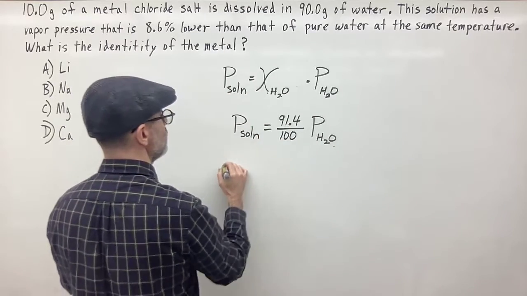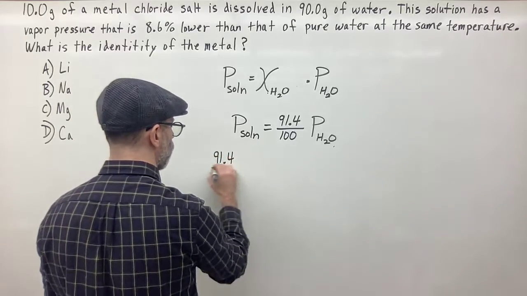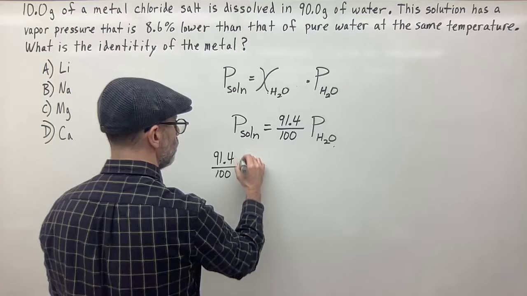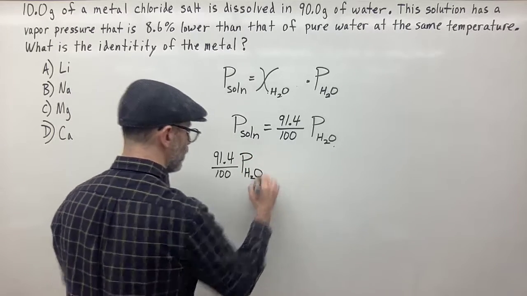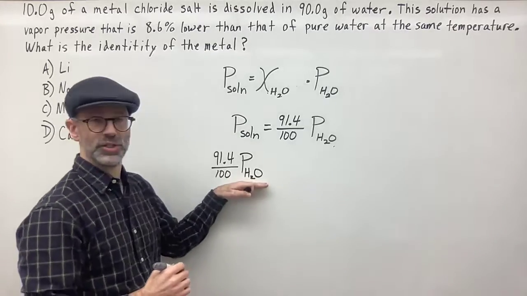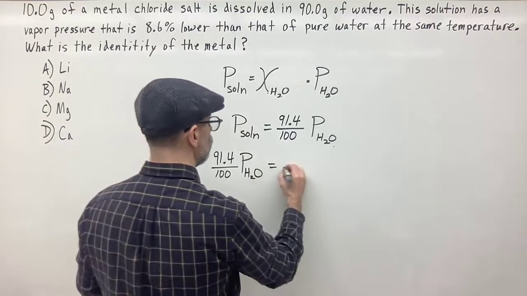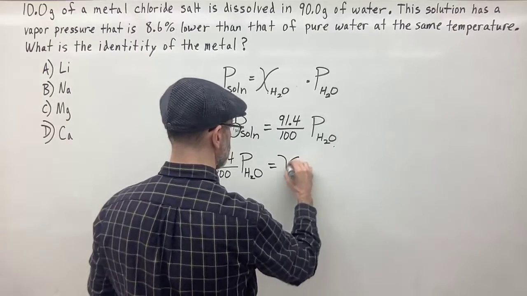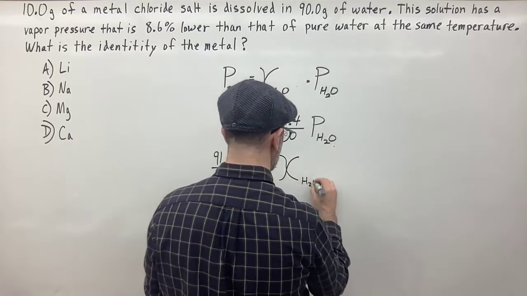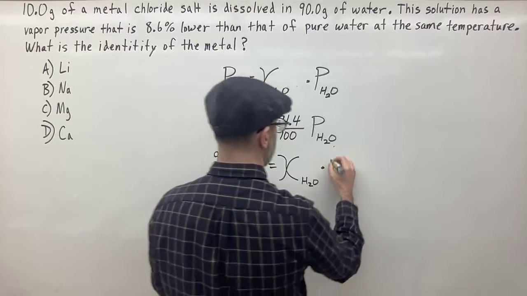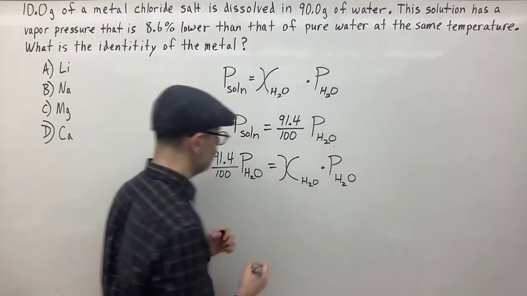So then this becomes 91.4 out of 100 multiplied by P, the vapor pressure of pure water, is equal to the mole fraction of water multiplied by the vapor pressure of water.